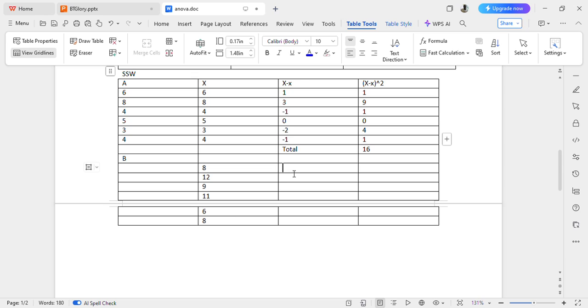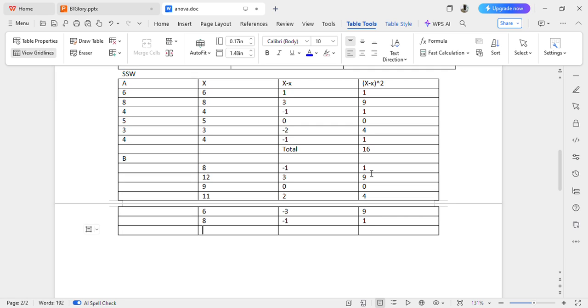8 minus 9, negative 1, negative 3, positive 3, 0, 2, negative 3, negative 1. Get the square of this. 1, 9, 0, 4, 9, 1.